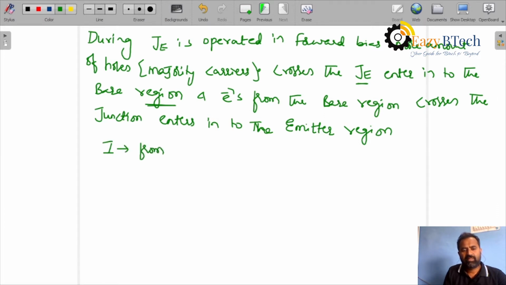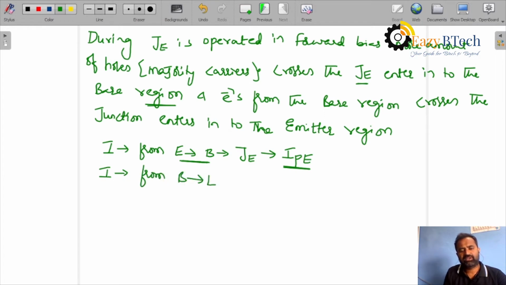Current from emitter to base across the JE junction is known as IPE. Current from base to emitter region across the JE junction is known as INE.